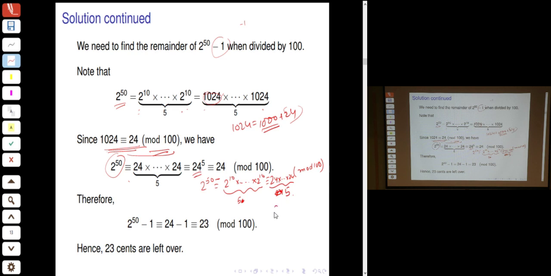So, let us do it easily. 24 multiplied 5 times, again we are just calculating mod 100. The point is that 24, if you take a 4 out of it, is 4 times 6.